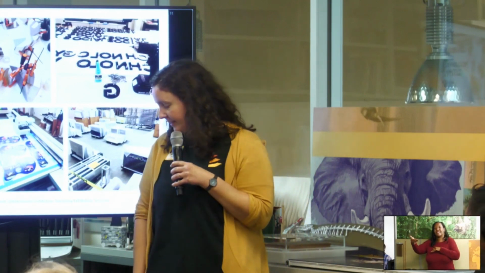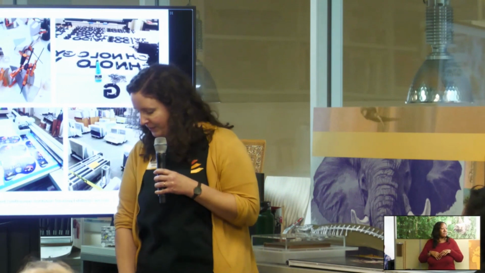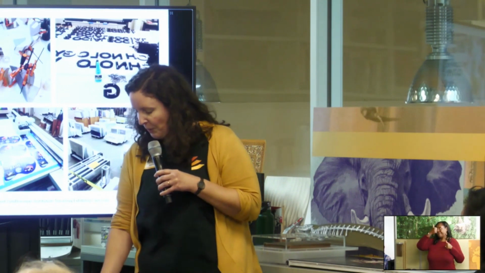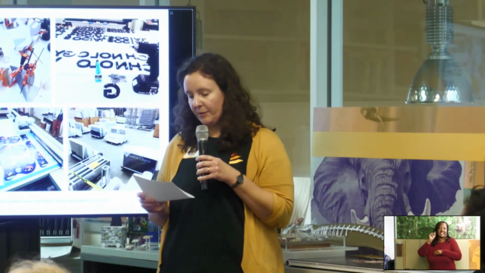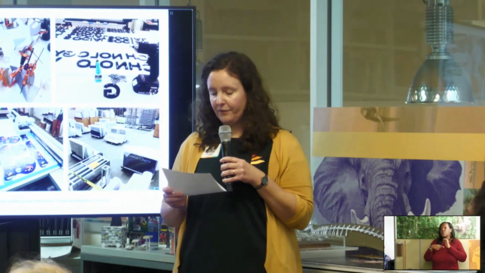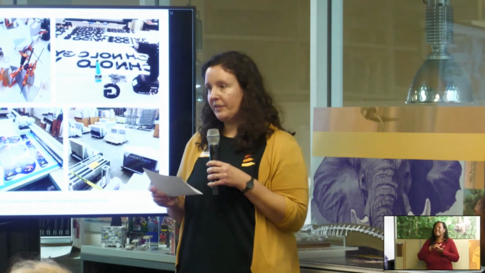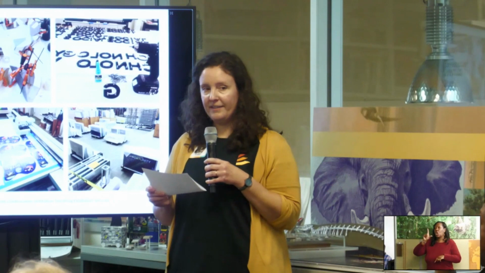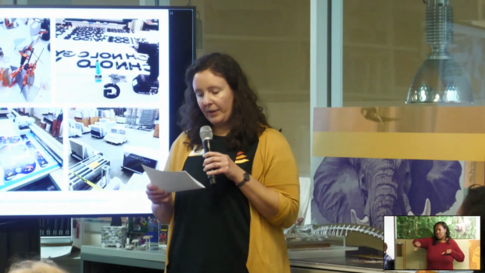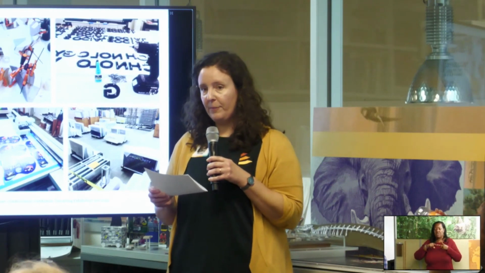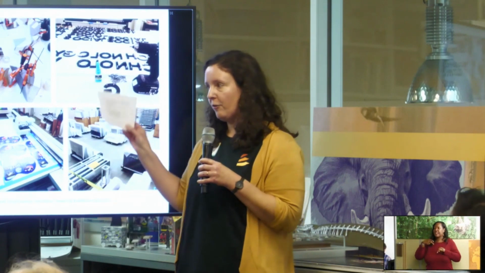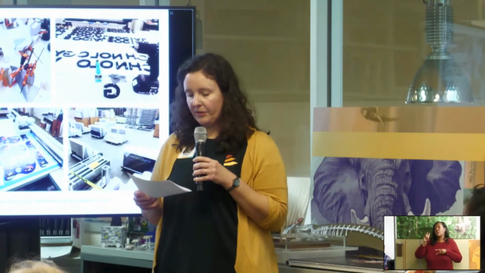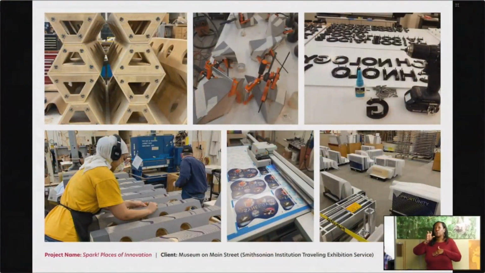So some statistics that I printed out because I don't have a good head for numbers on the spot. But for 4 exhibit copies, there was over 5,000 linear feet of welded aluminum extrusions. That's roughly a mile of aluminum. About 60 sheets of plywood and Valchromat, the wood components to make up the show. About 300 printed graphics. That includes some of the structural panels that are shown at the bottom right.